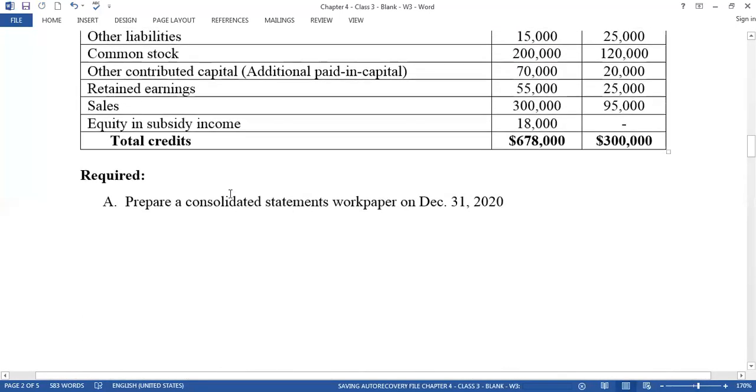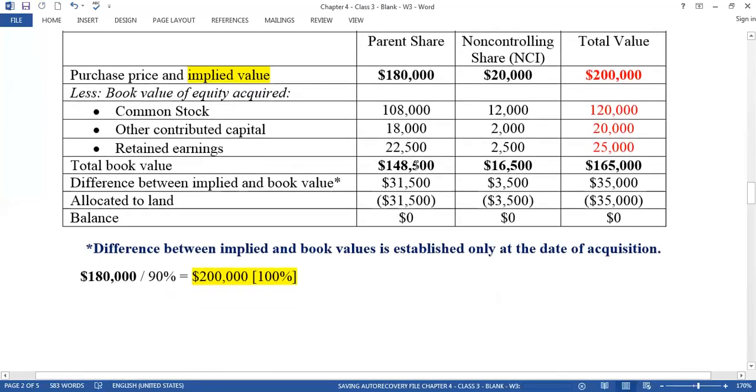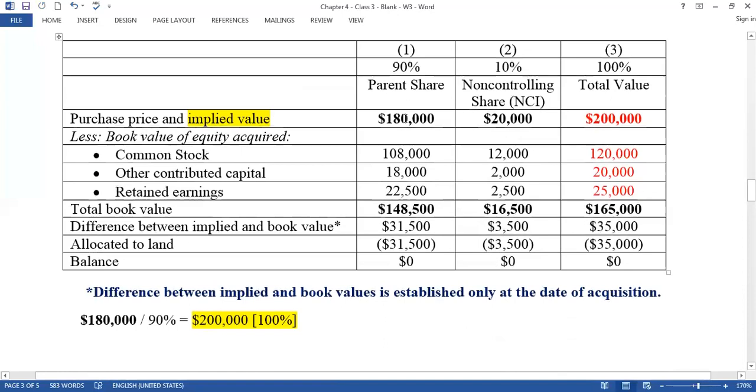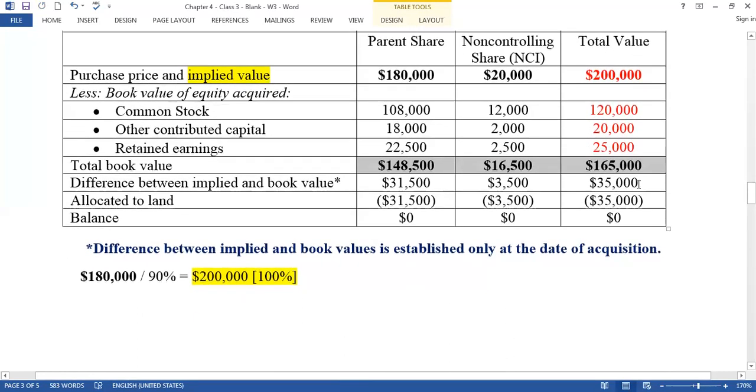So we find that there is a difference, because the implied value is higher and the book value is lower. The difference is $35,000. 90% of the difference goes to the parent and 10% goes to the NCI.